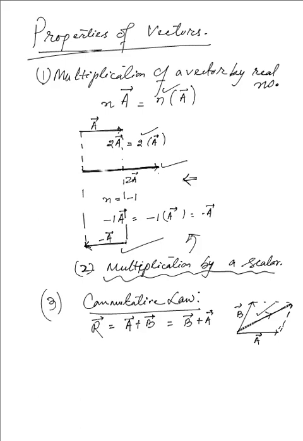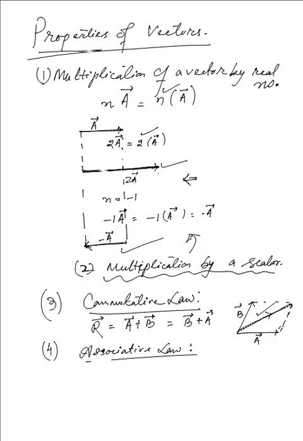That's for the commutative law, and now we have the associative law. The associative law in vector addition says that the resultant of the vectors remains the same in whatever grouping they may be added.